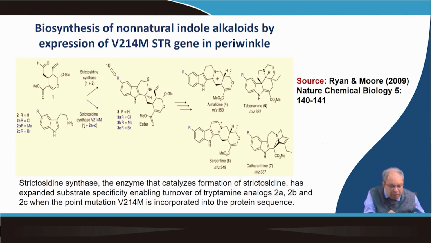With this strictosidine synthase V214M, you can get different product formation like ajmalicine, tabersonine, serpentine, catharanthine. It basically relaxes the substrate specificity and enables turnover of tryptamine analogues into different product formation. This is a very interesting paper and it was published in Nature Chemical Biology 2009.